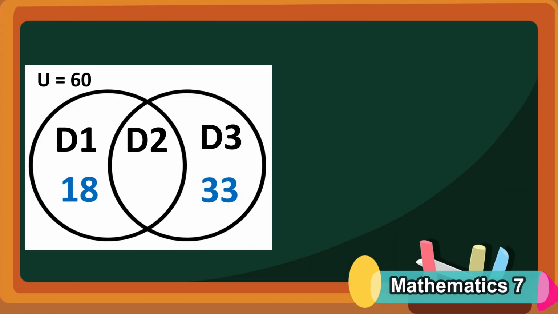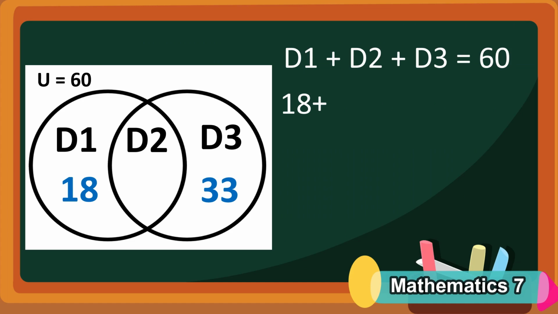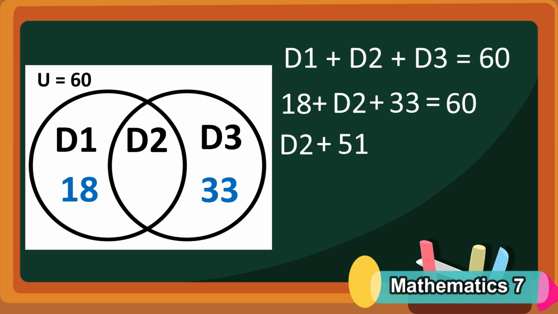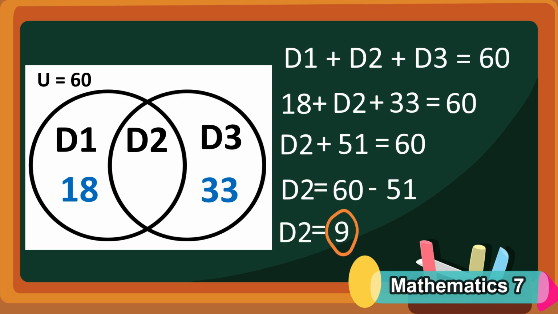Let's substitute. D1 plus D2 plus D3 is equal to 60. 18 plus D2 plus 33 is equal to 60. D2 plus 51 is equal to 60. D2 is equal to 60 minus 51. D2 is equal to 9.